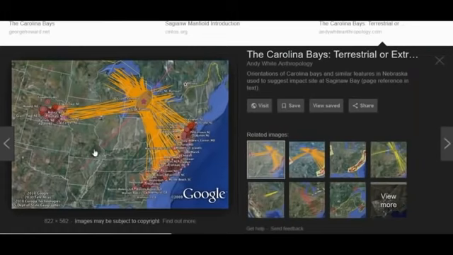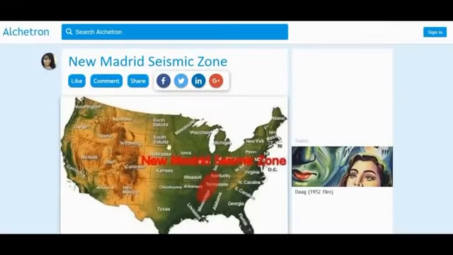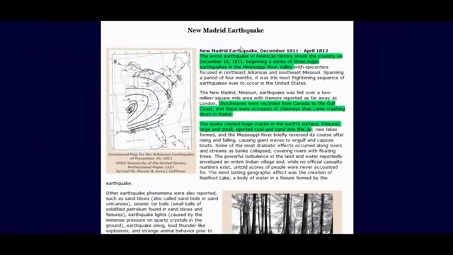So right at this midpoint between all of this phenomena, you have the worst earthquake in American history. Is that a coincidence? Let's take a look at this New Madrid earthquake. And again, you get the states of Georgia and the Carolinas, north and south.